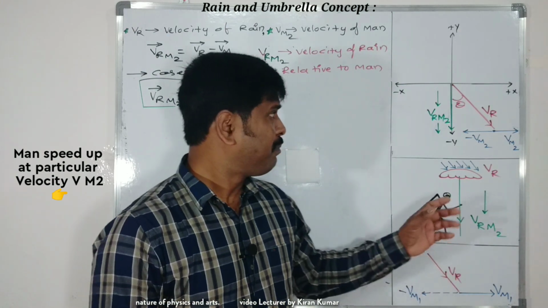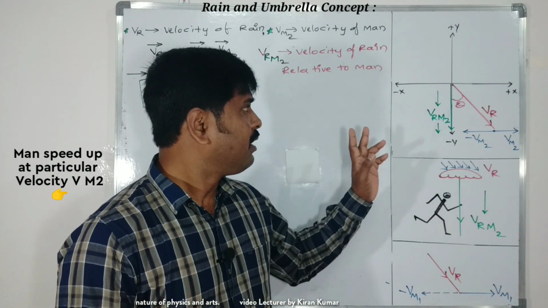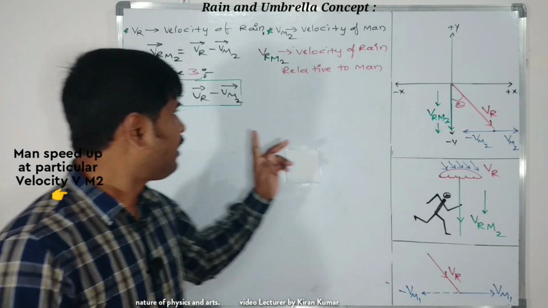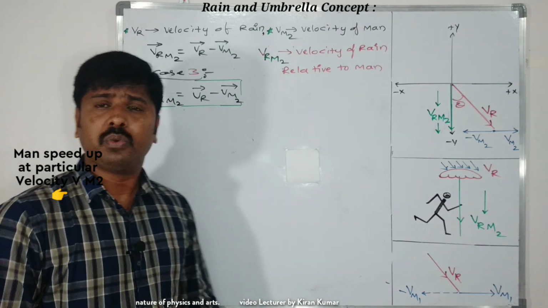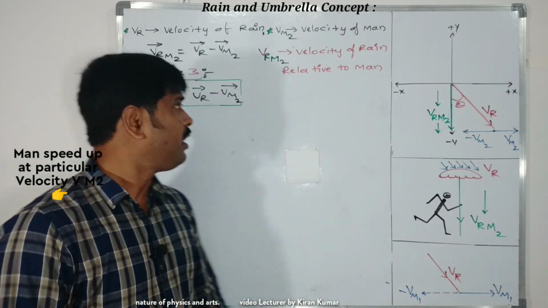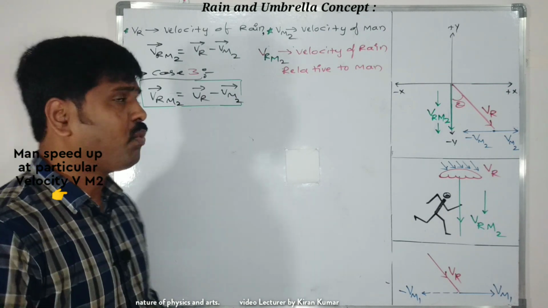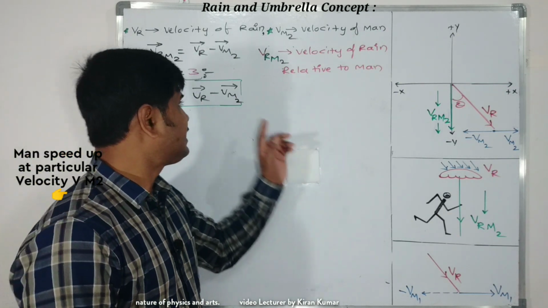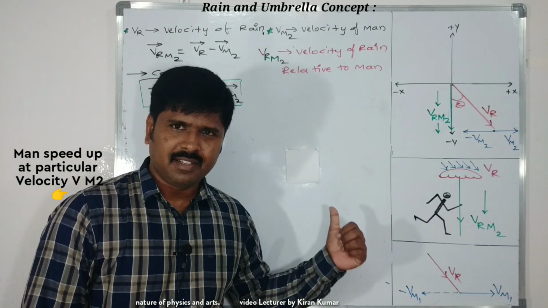This is a very simple case only. In this situation we can write the resultant velocity Vrm2, the velocity of the rain related to the man, which is equal to Vr minus Vm2. Please copy this.